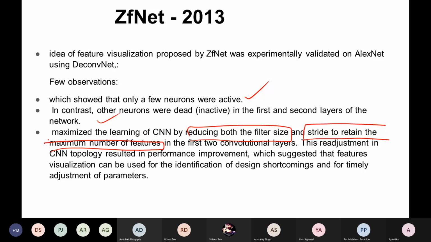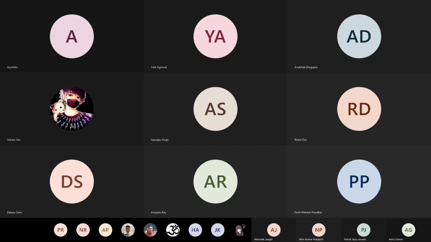Hello? Can you hear me? Yes, ma'am, you're audible. Sorry, my net got disconnected. Can you tell me how far I have explained this slide, this ZFNet?